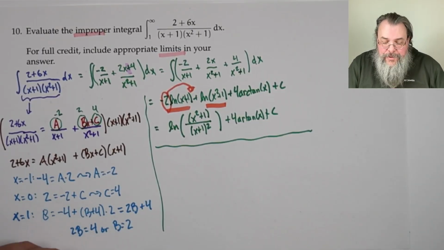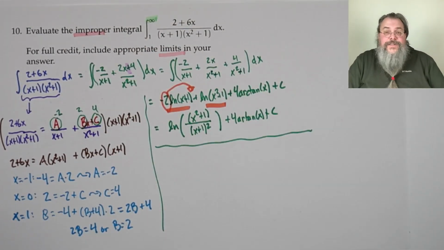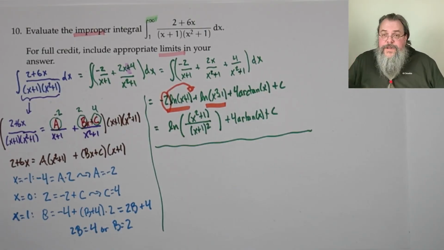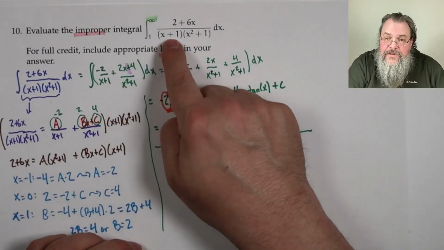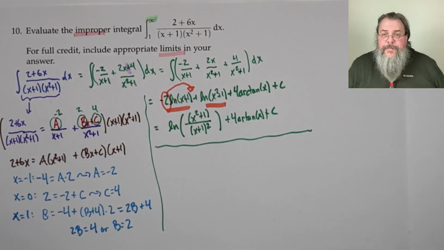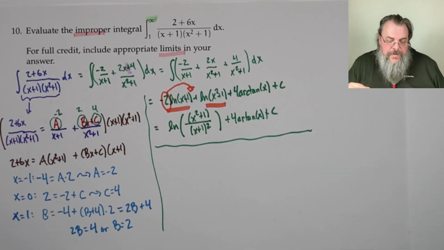What's making it improper? The only issue is that infinity. There's no other problems. It's not going to blow up in between 1 to infinity. The asymptotes aren't there. I mean, yes, sure, there's an asymptote at -1, but that's far away. It's not our problem. We just have one problem, that single infinity.